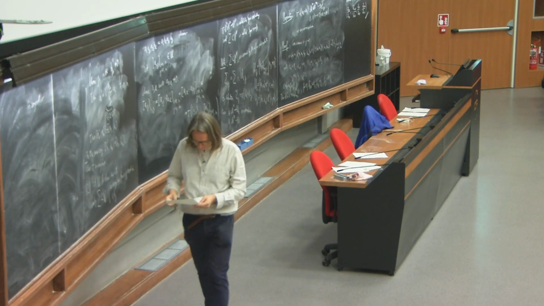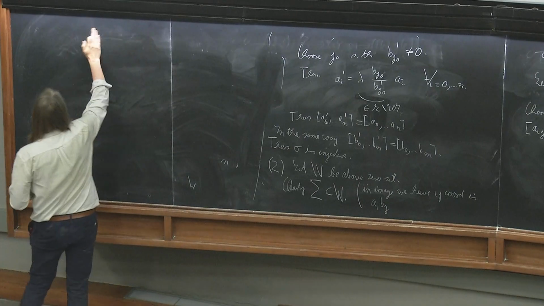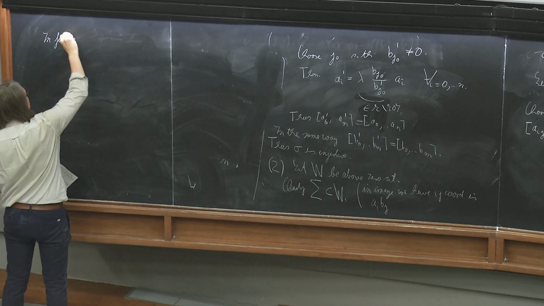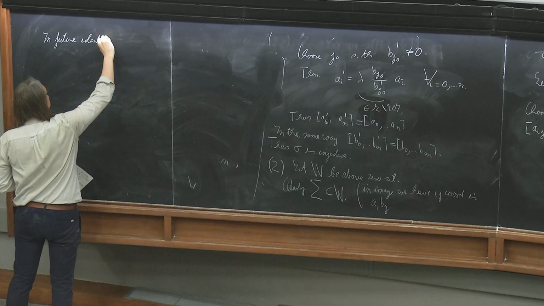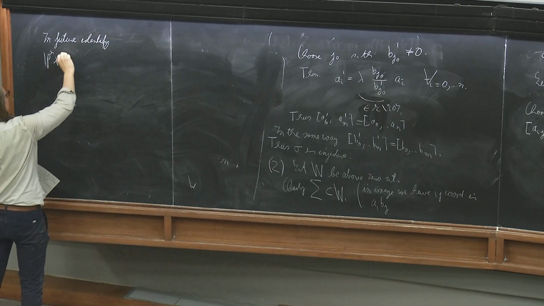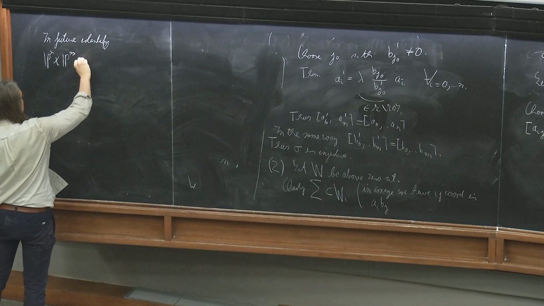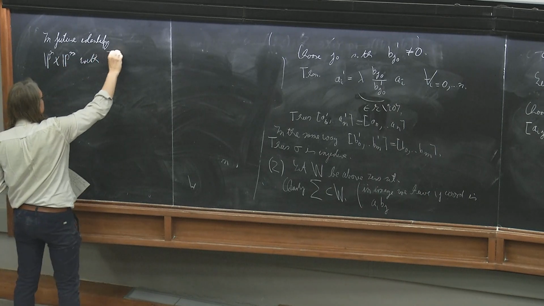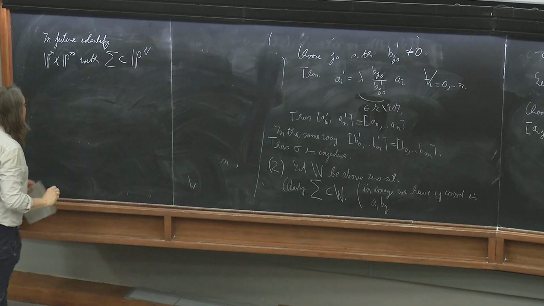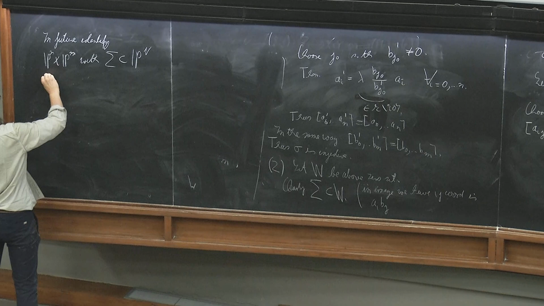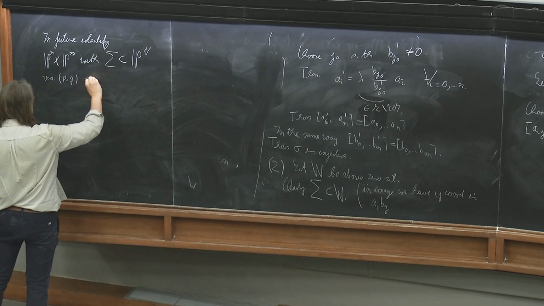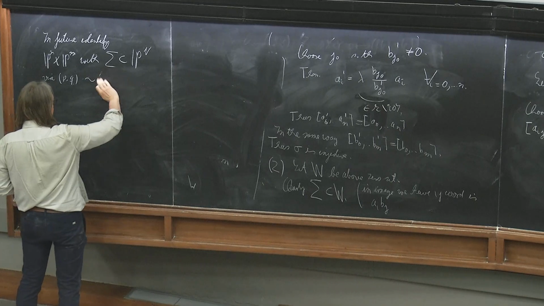So in future, identify P^n times P^m with this image sigma in P^N, so via this, (p,q) is identified with sigma of (p,q).